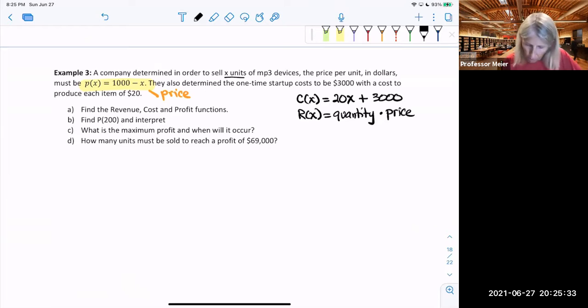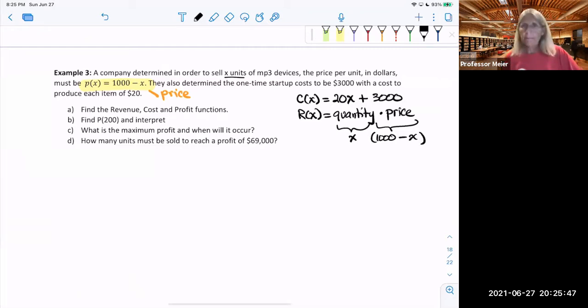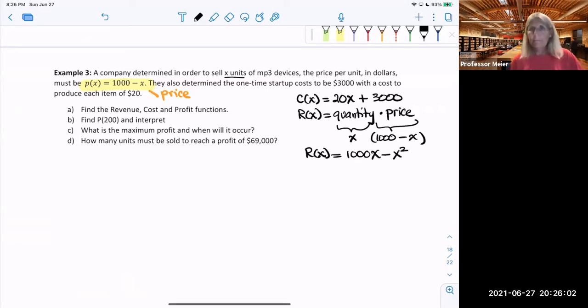So we know quantity is X, and price is the function that they gave us, this little p of X. So the price is 1,000 minus X. To get my revenue function, I'm going to take X and multiply by 1,000 minus X. So, all right, here's revenue. Revenue is going to be 1,000X minus X squared.